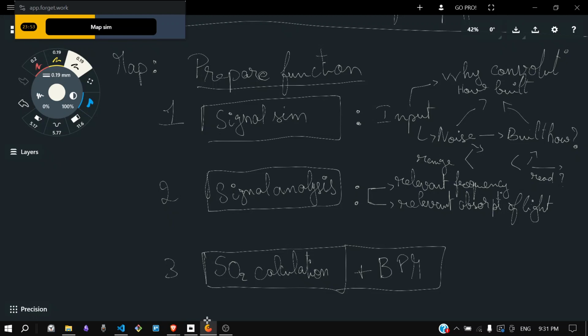Yeah, that's the main thing. And here we use what, so these are then inputted here, and they give us the SO2 saturation and the BPM. And then, so this is the functions.